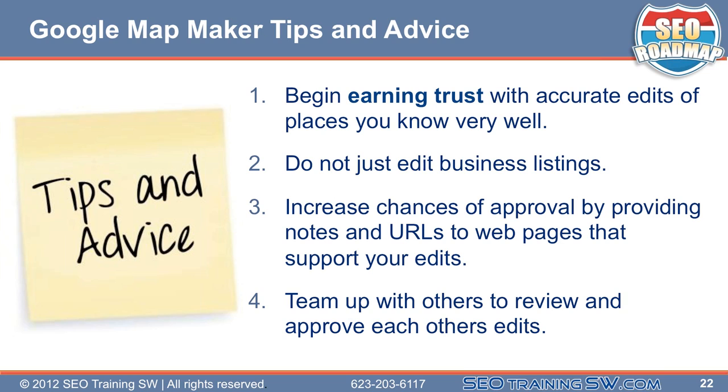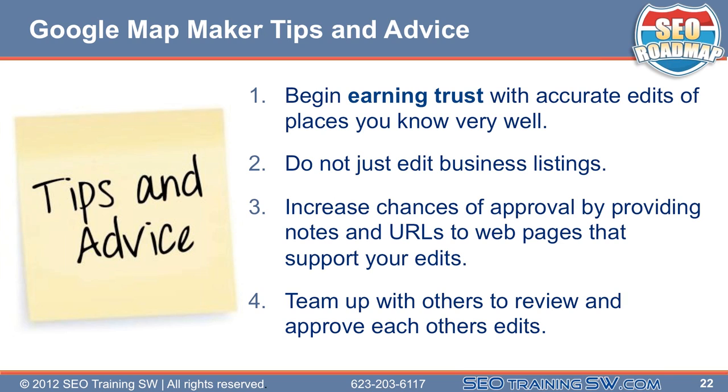Think of where you go to dinner, where you eat, movie theaters you go to, and provide, like this auto repair shop, the URL of the business in the edit. I say, here's the URL of the business, and this is not a landscape company. And of course they went to the URL. Oh, yeah, this is an auto repair shop. Makes sense. And they approved my edit.